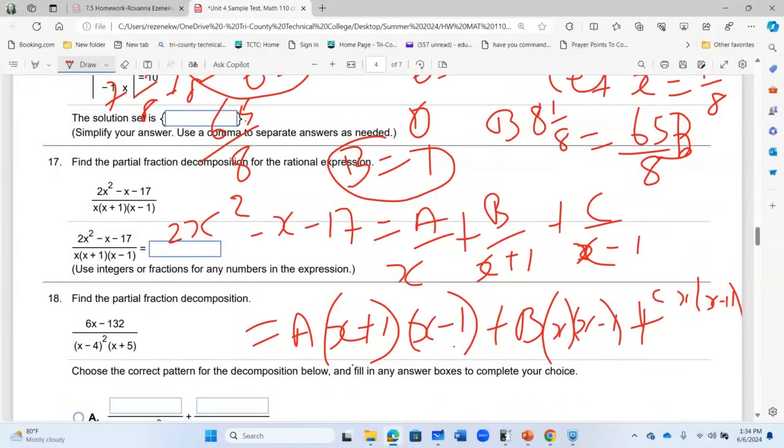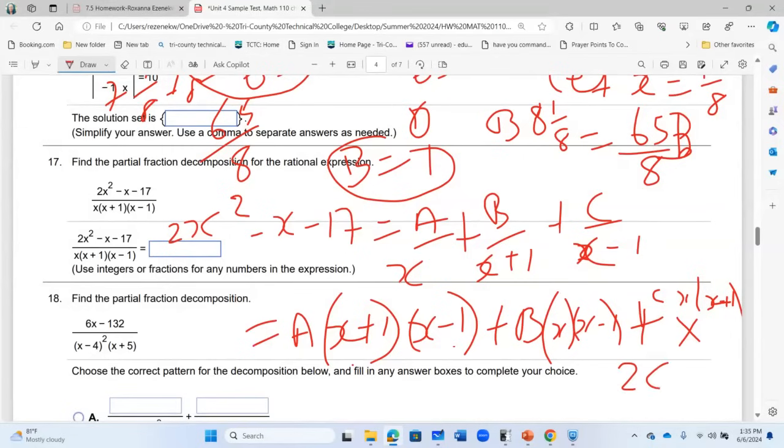And then C, let's see what happens to C. When x is equal to 1, A will eliminate, and B will eliminate also. Let's see. No, C will not eliminate.